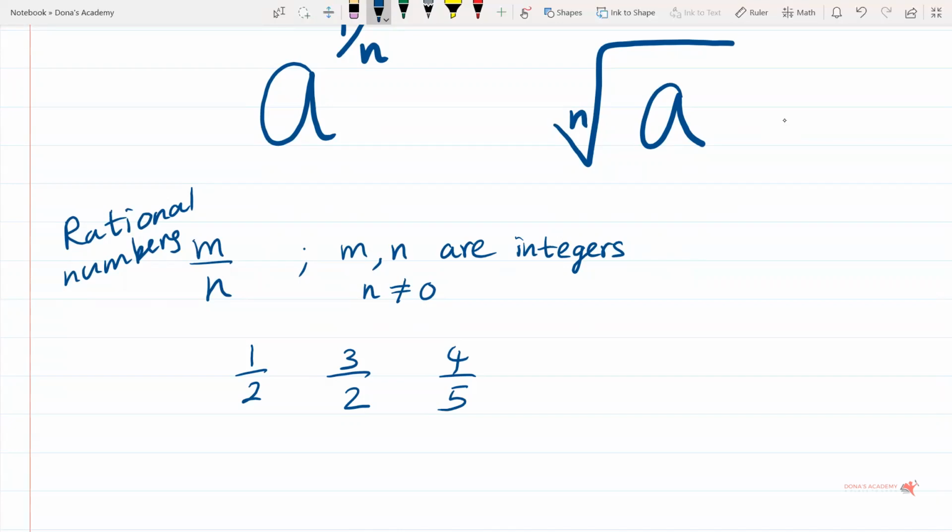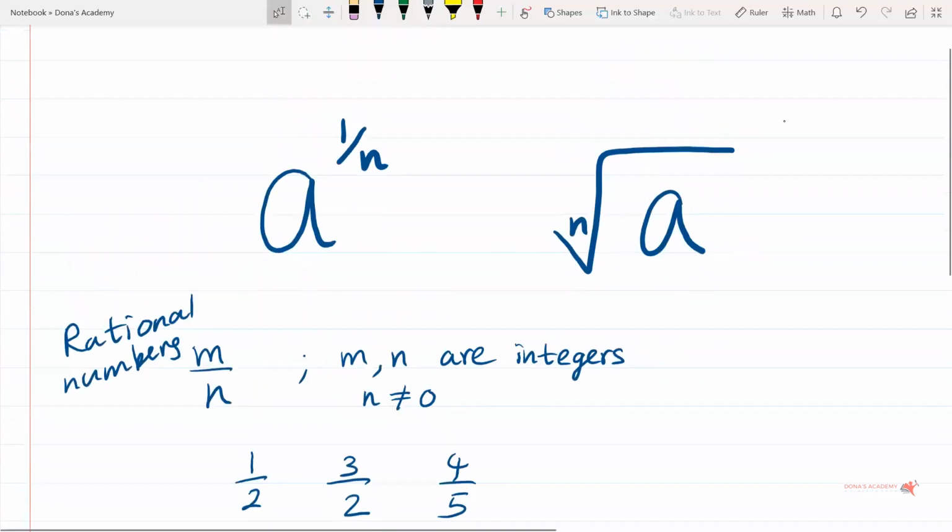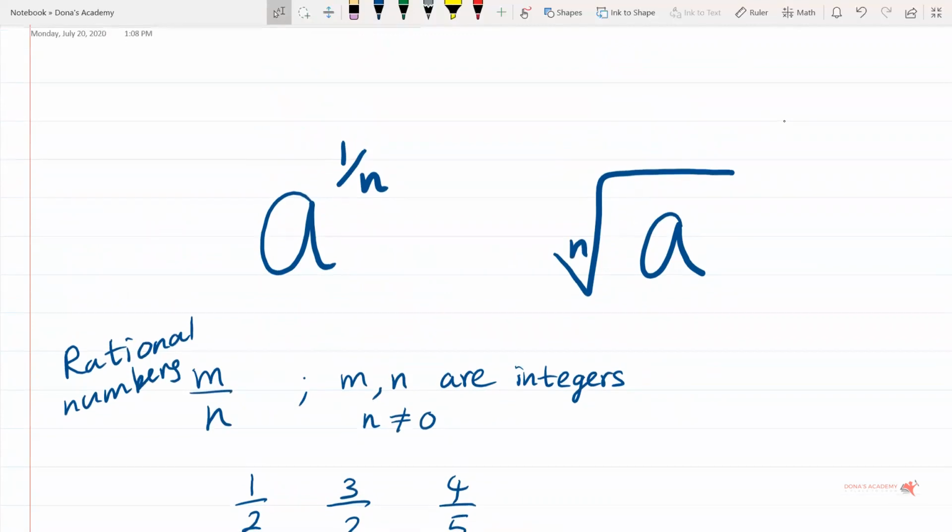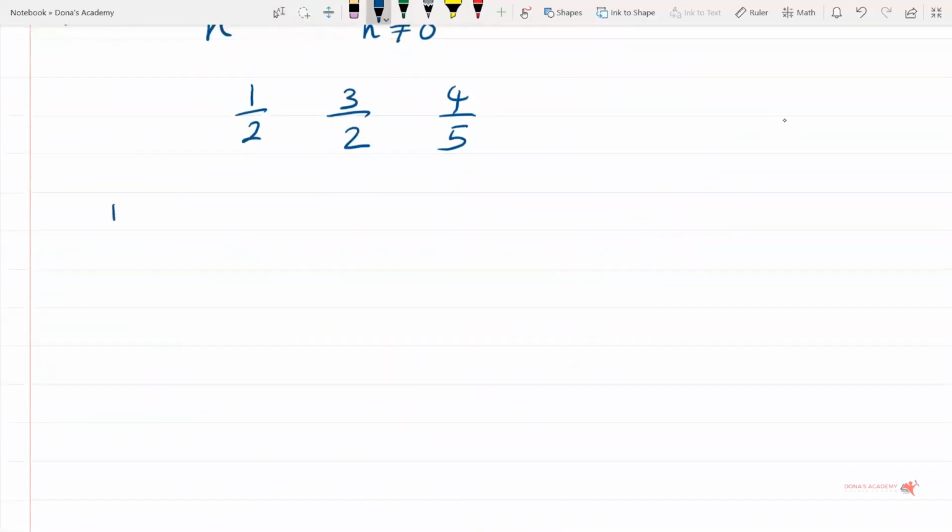Now let's think about the relationship between rational exponents and nth roots. Indeed, they are equal to each other. So this is equal to this thing, exactly. It's a definition. Let me write it.